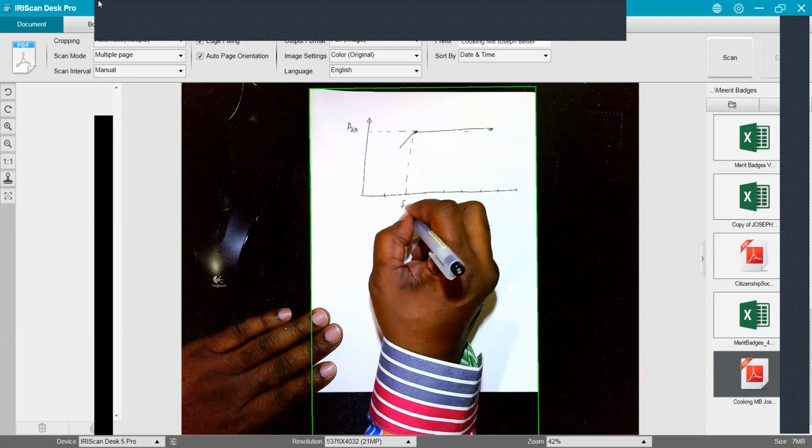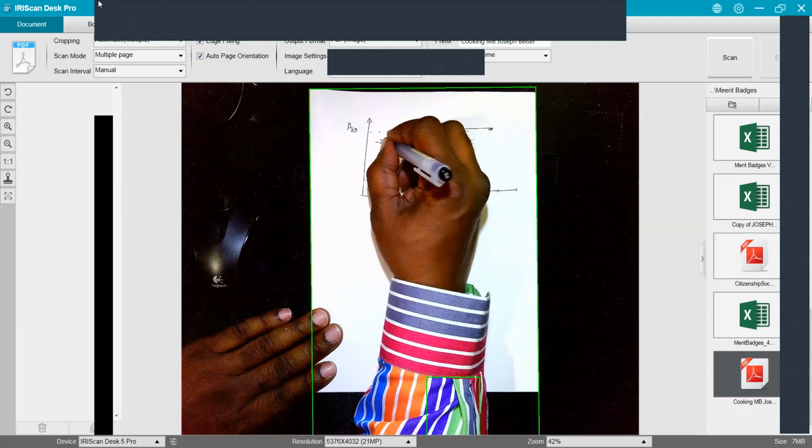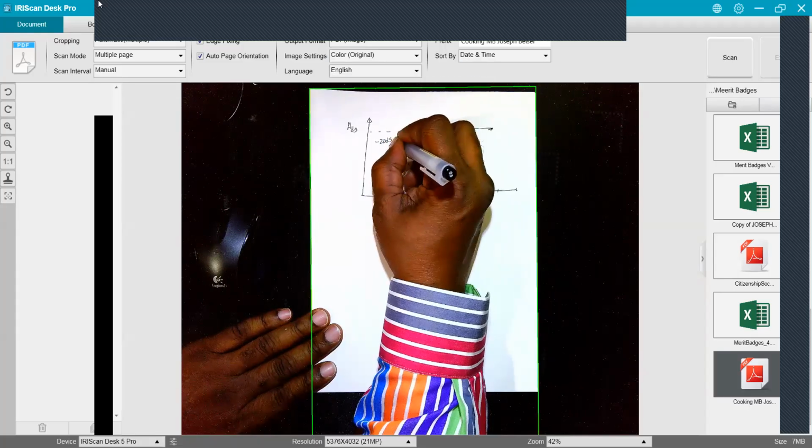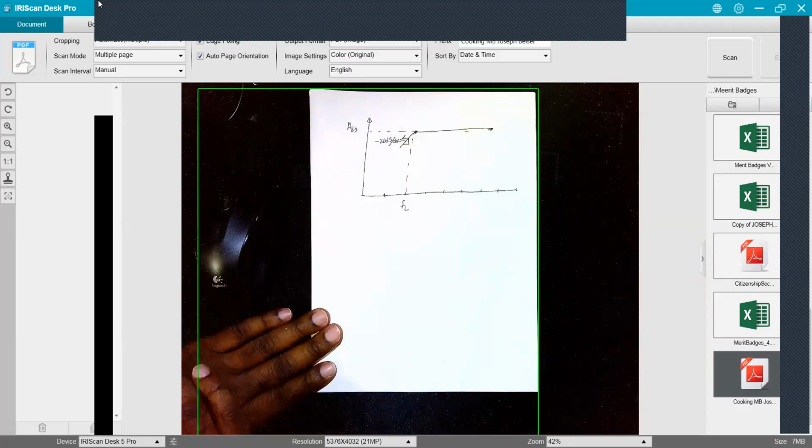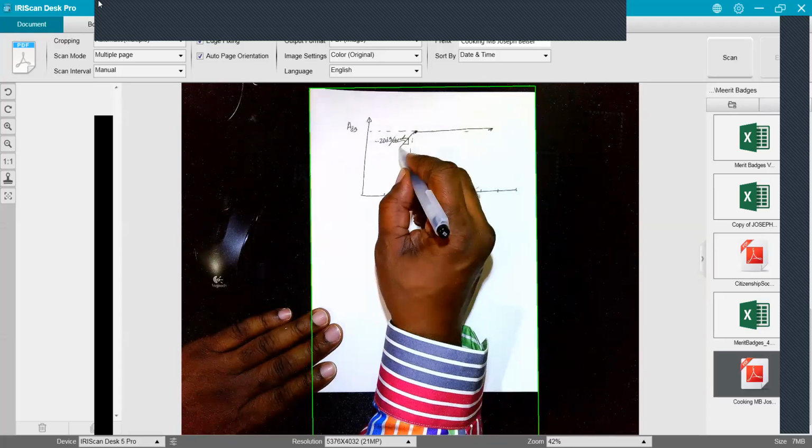This is F sub L, and the slope of this line here is minus 20 dB per decade. And then let's say we have another pole. So this is running along here.